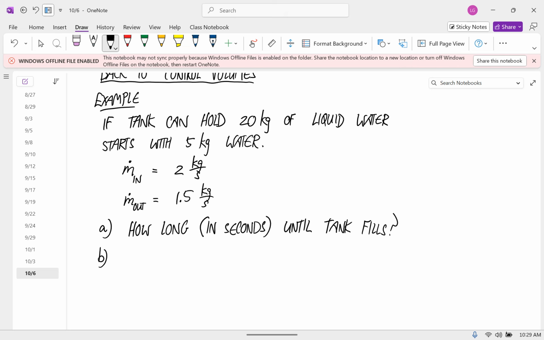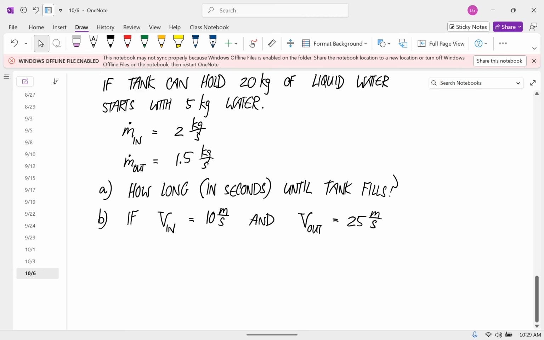And then second, if the average velocity of water coming in at the inlet is 10 meters per second, and the average water speed leaving the exit is 25 meters per second, what are the areas at the inlet and the exit?